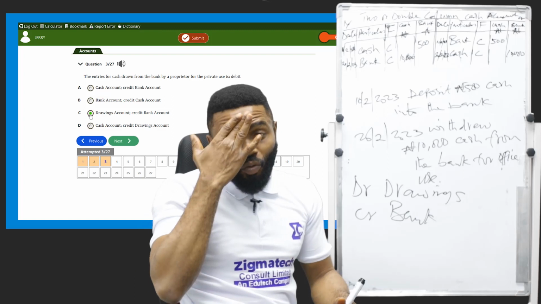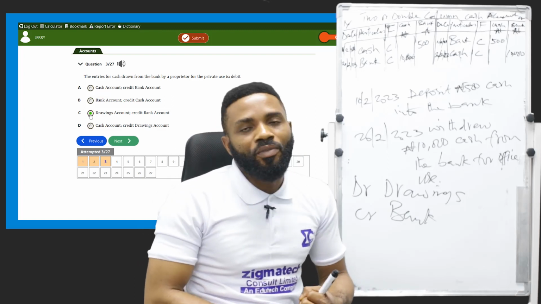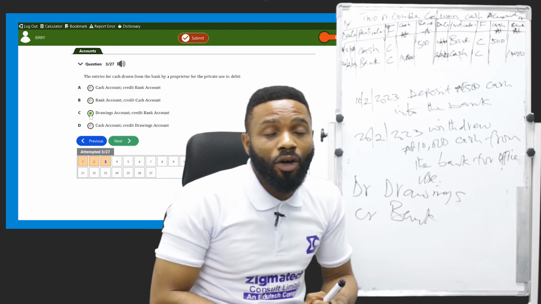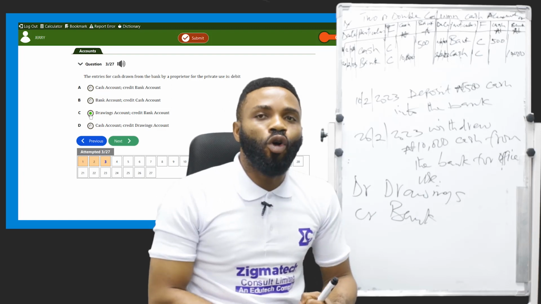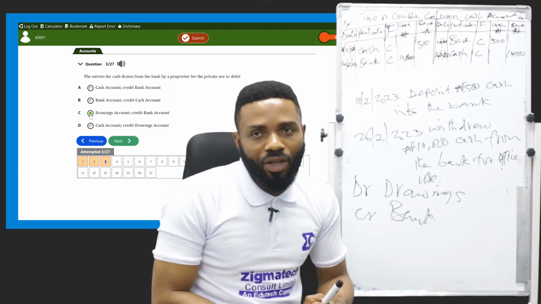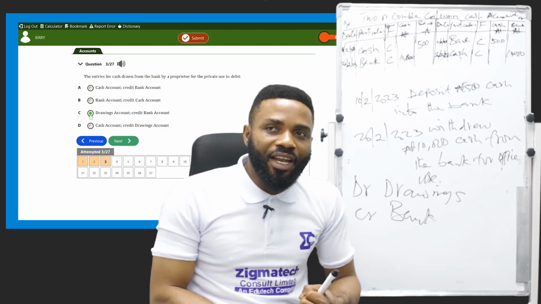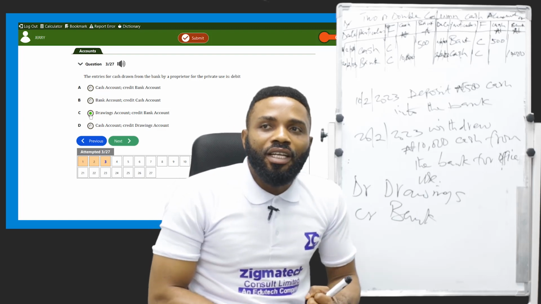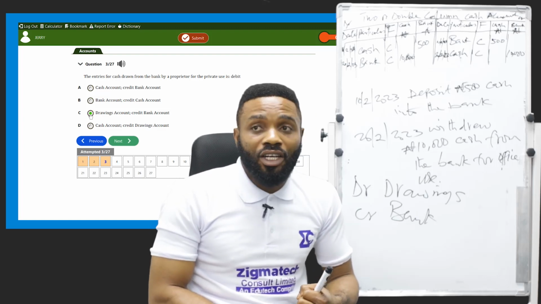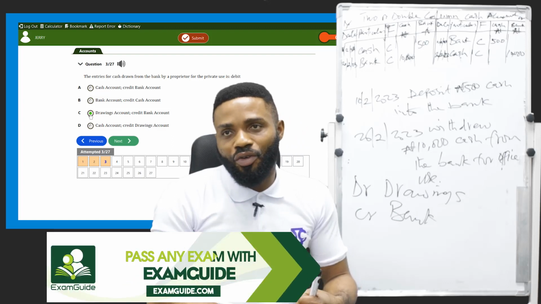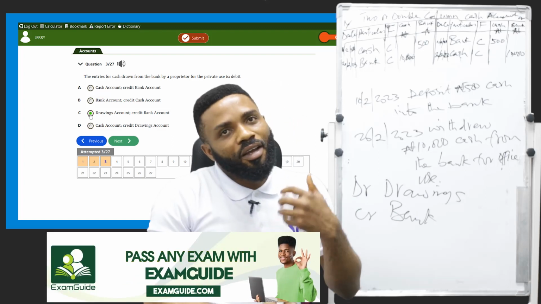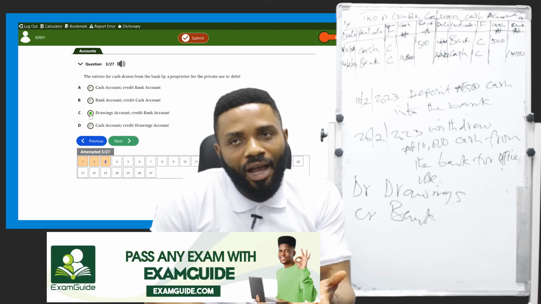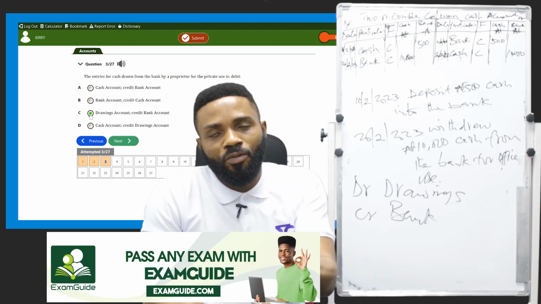All right, so far we have been able to define what double column or two column cash book is. We've been able to explain the two transactions that make up contra entry, which is when money is deposited into the bank and then when money is withdrawn from the bank.